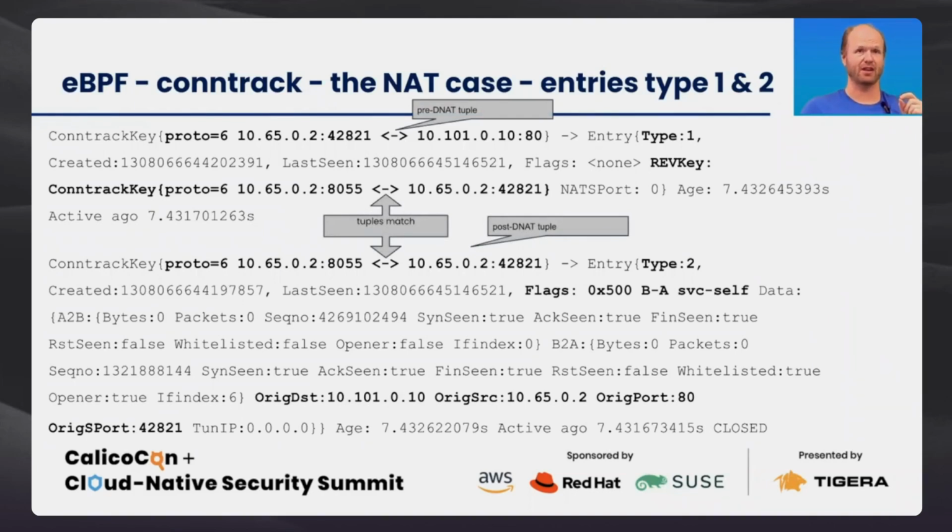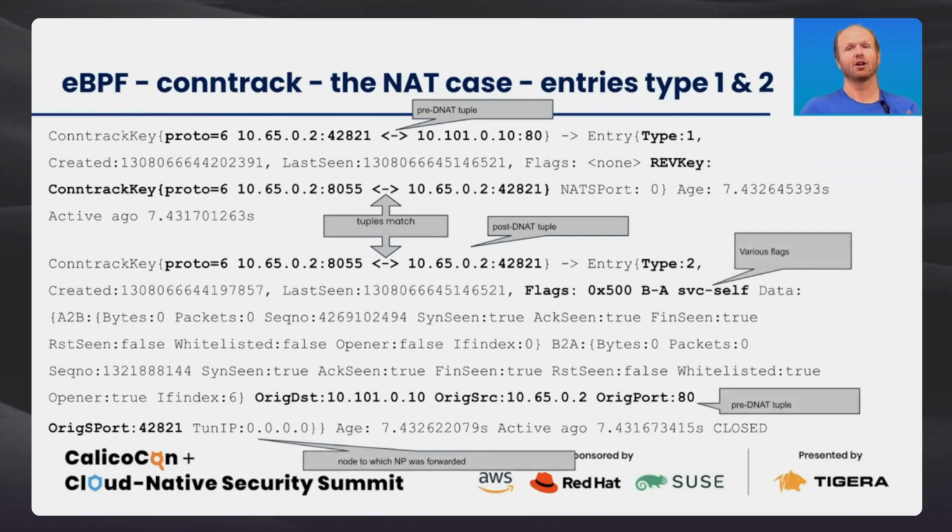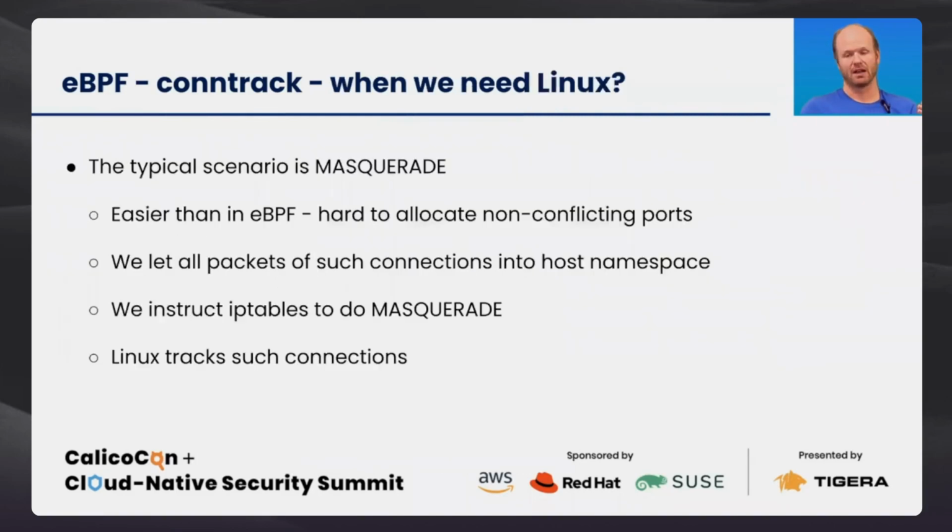This tuple has to match with the entry that maintains the properties of the connection. That's the same entry as I described on the previous slide. However, now it has a different type, which signals that we also maintain information about the connection, how it looked before we translated it.